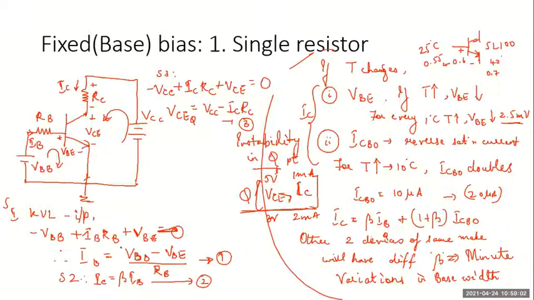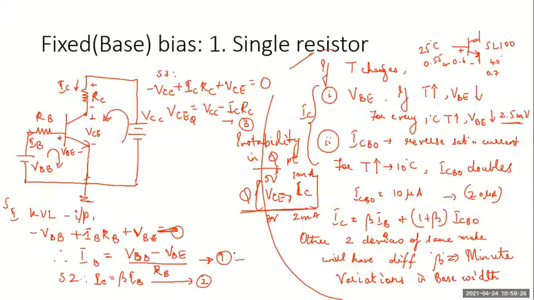The input current depends on all fixed values of voltages. See, usually it depends on VBB, which is a fixed DC voltage. VBE is slightly variable, but when compared to VBB, VBE is very small.